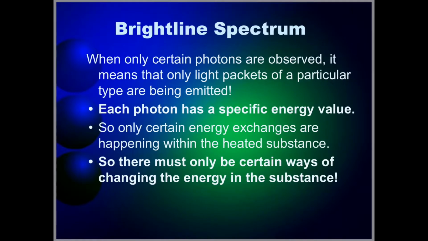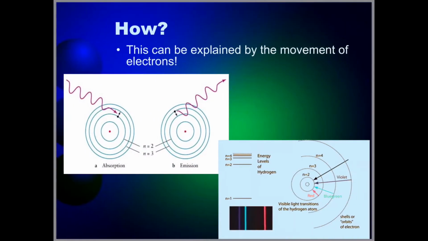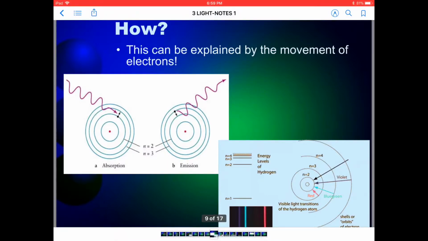So this bright line spectrum comes about because only certain photons are being observed, and that's because each color on that spectrum corresponds to a different energy value. What that's basically telling us is that only certain energy values can exist, which means that this can be explained by the movement of electrons, as you see here.